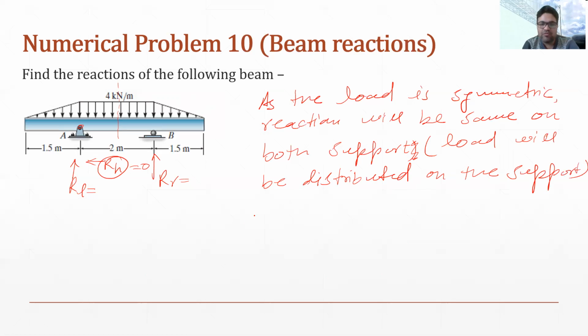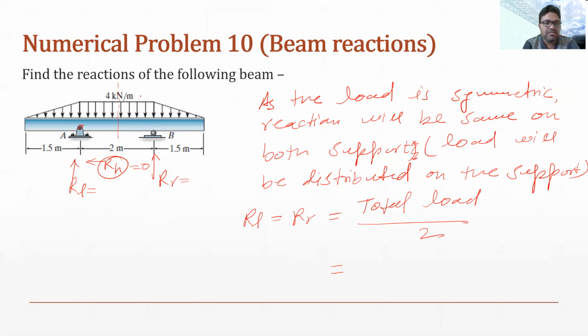So in this case, we can write RL equals RR, and this equals total load divided by 2, which means both reactions will be the same.